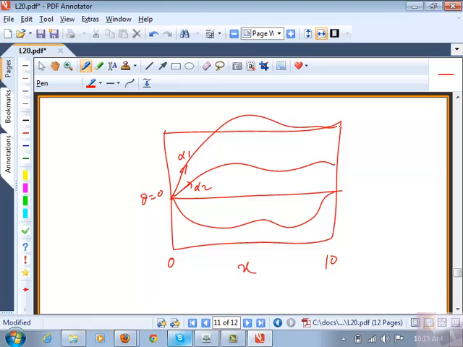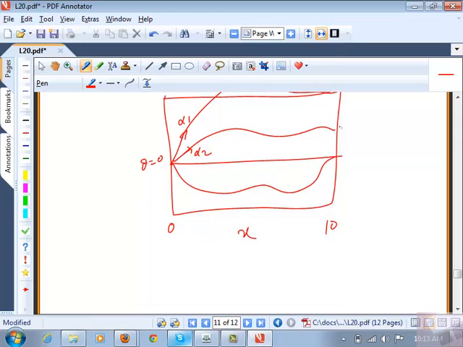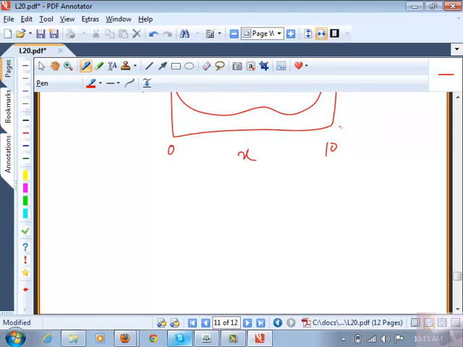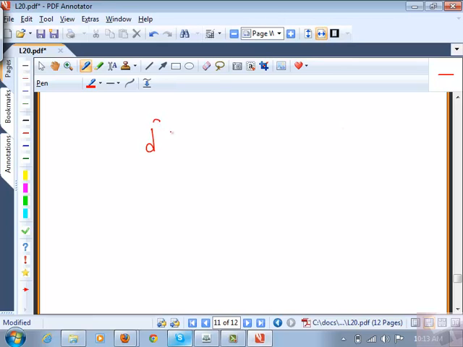So you will say y1 is equal to y, y2 equals y prime, and y3 equals y double prime, and then you will have dy1/dx equal to y2, dy2/dx equal to y3, and dy3/dx will be equal to 5 minus y1 minus y2, something like this.